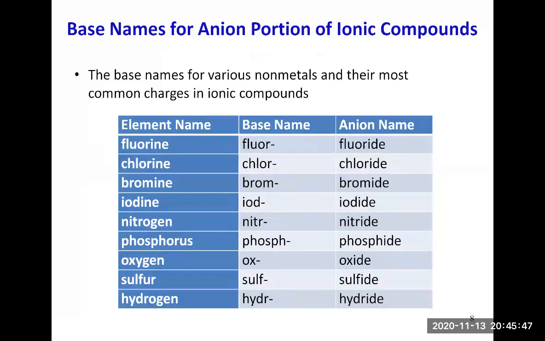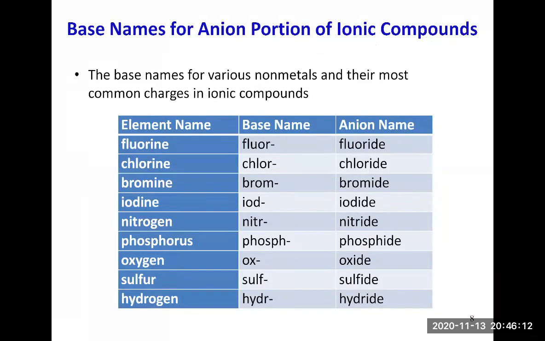So the base names for various nonmetals and their common charges in ionic compounds are given here. Fluorine, chlorine, bromine, iodine, all the halogens here have roots that you know already because you have used them for the fluoride ion, chloride ion, bromide ion, and iodide ion.